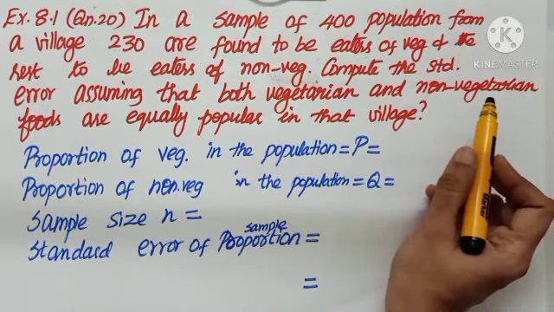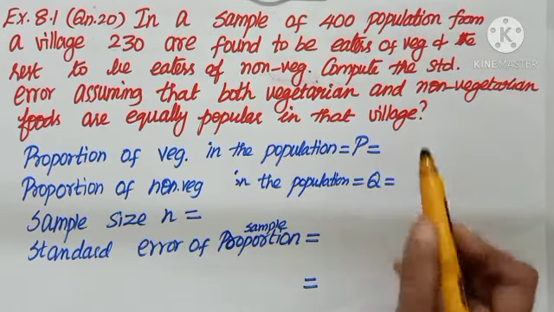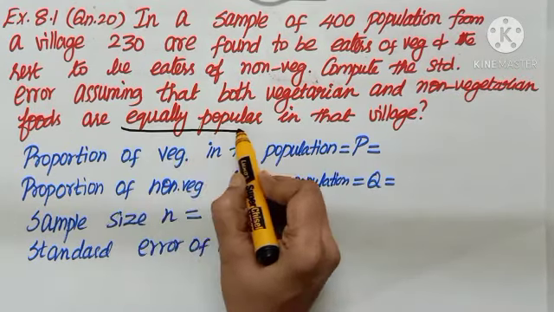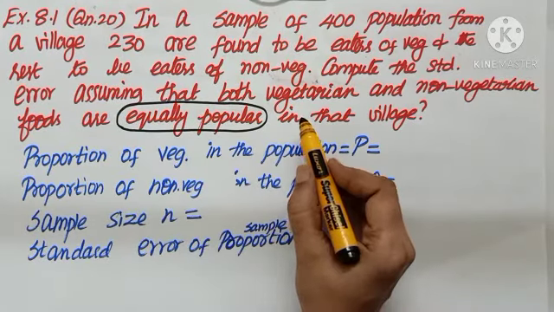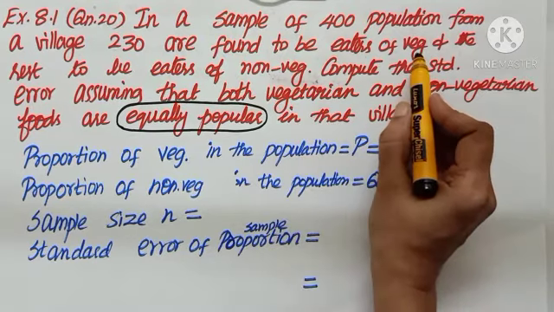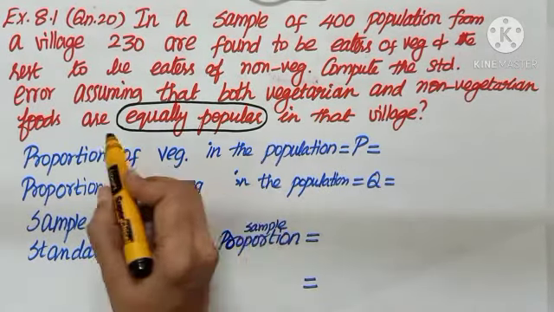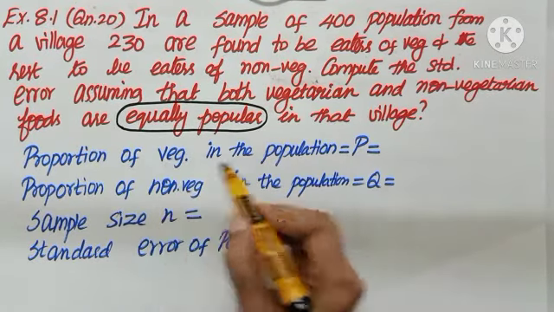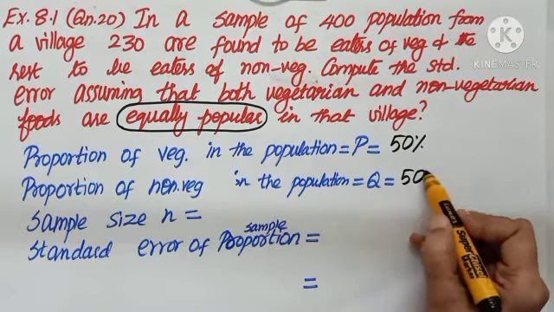No. Standard deviation is given? No. Then, what type of problem is it? The last word is very important. Equally popular. This question, we are dealing about vegetarian and non-vegetarian. It is given equally popular, which tells us population proportion for vegetarian 50% and for non-vegetarian 50%.